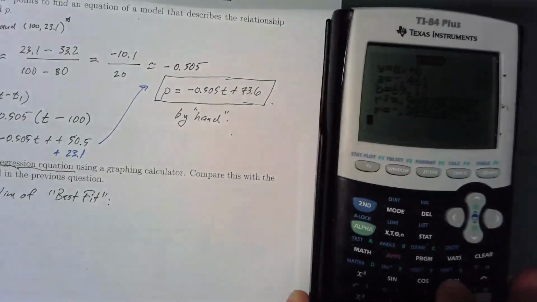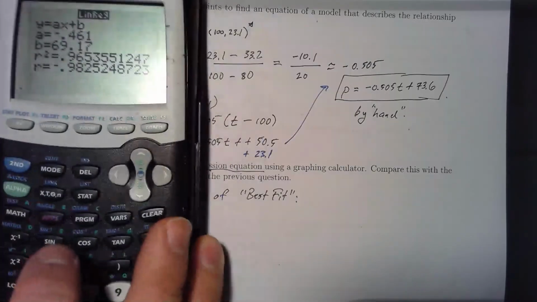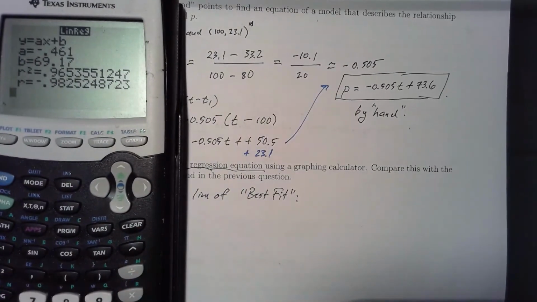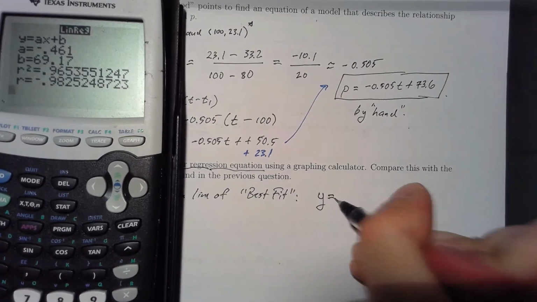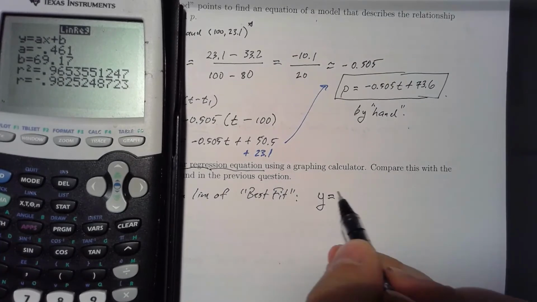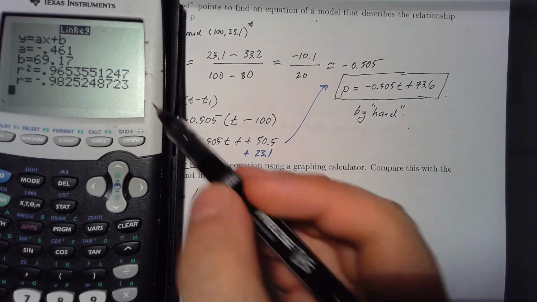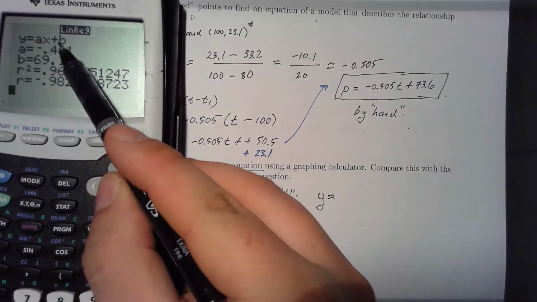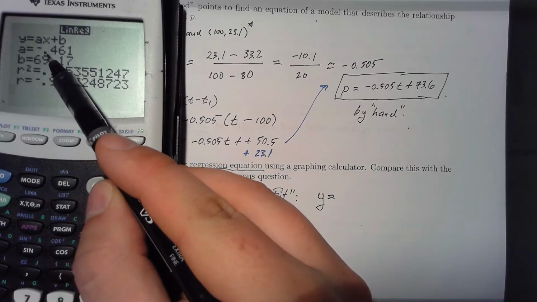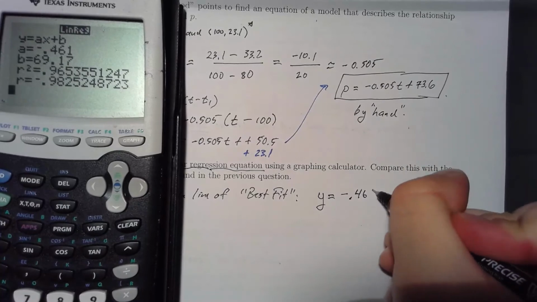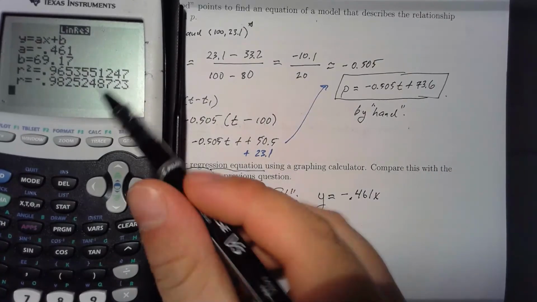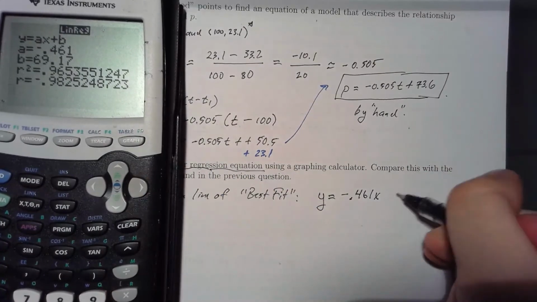So according to this, the line of best fit is y equals ax plus b, so the slope here is going to be negative 0.461 x plus b, which is 69.17.